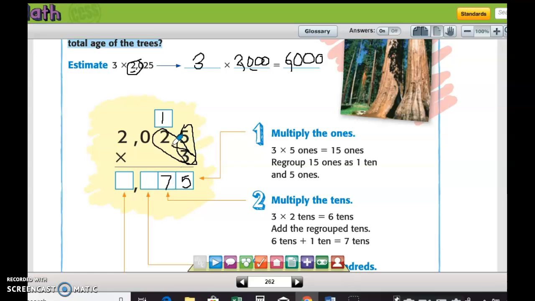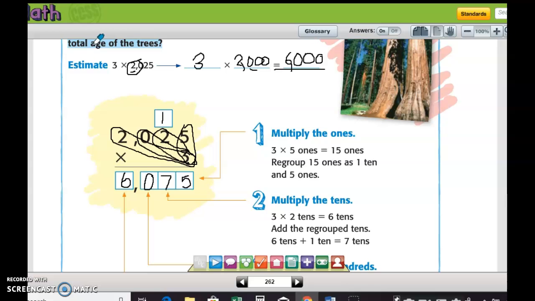Now I'm moving over to my hundreds place. 3 times 0 is the 0 property. 0. Last one, 3 times 2, 6. Which is very close to our estimate of 6,000.